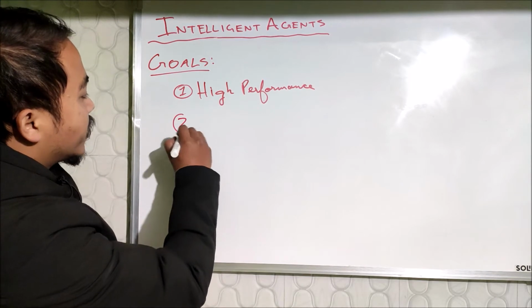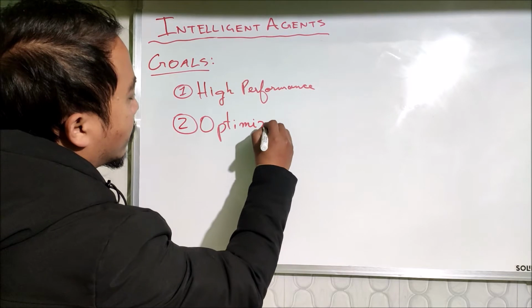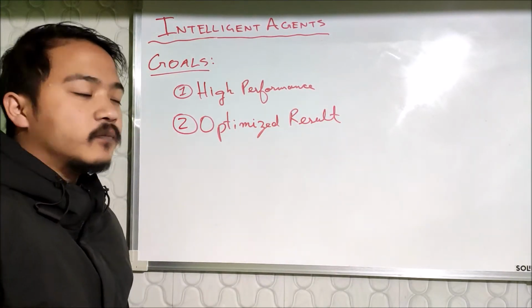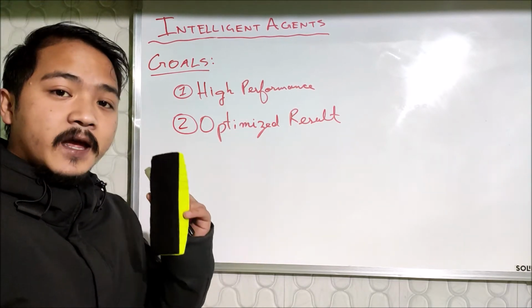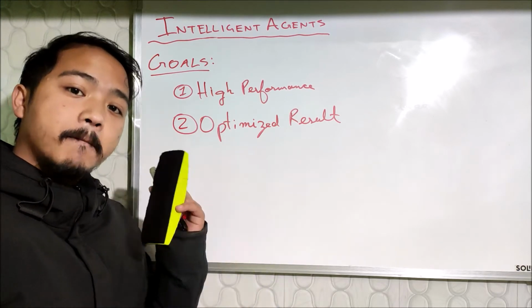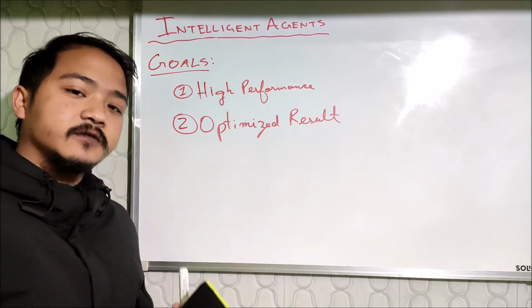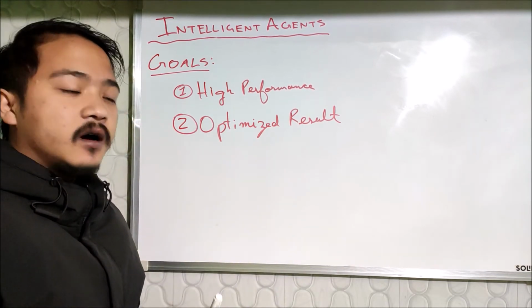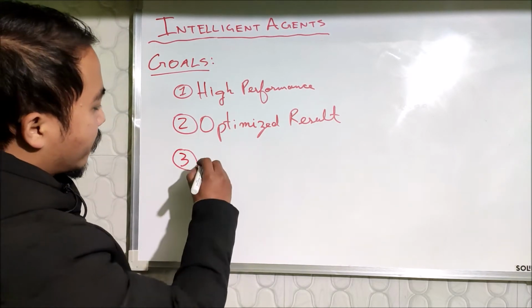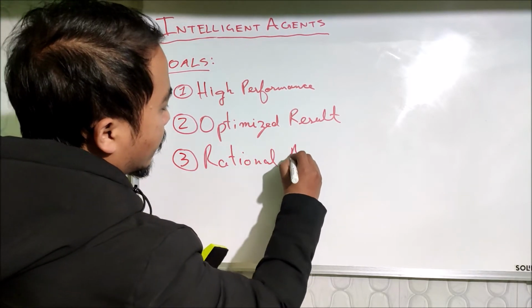The second one is optimized result. Optimized result means the result should be accurate, efficient, and it should achieve the best result. There might be many results, but it should achieve the best result. This is the meaning of optimized result. And the third one is rational action.